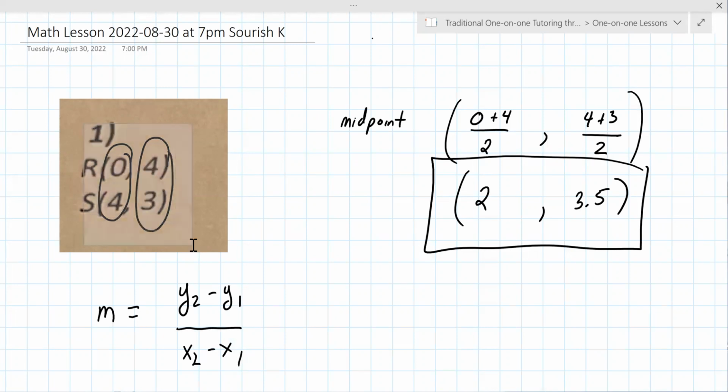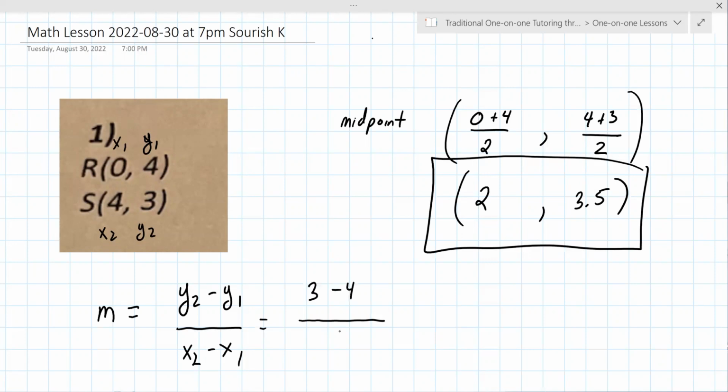Do you remember that? Yeah, I remember that. So this first value is x1, y1, x2, y2. So you're just putting those numbers into this formula. 3 minus 4 over 4 minus 0.